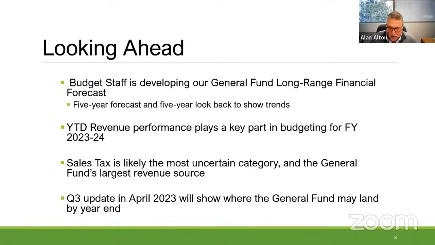We have part of it already with our revenue estimates for next year. We're still vetting some of those. We're looking at what we're expecting in expenditures in the general fund going forward for the next fiscal year and on, and we start building that. We should have that ready to be reviewed by the committee, possibly in March, definitely in April, but we'll shoot for the March meeting to have that.